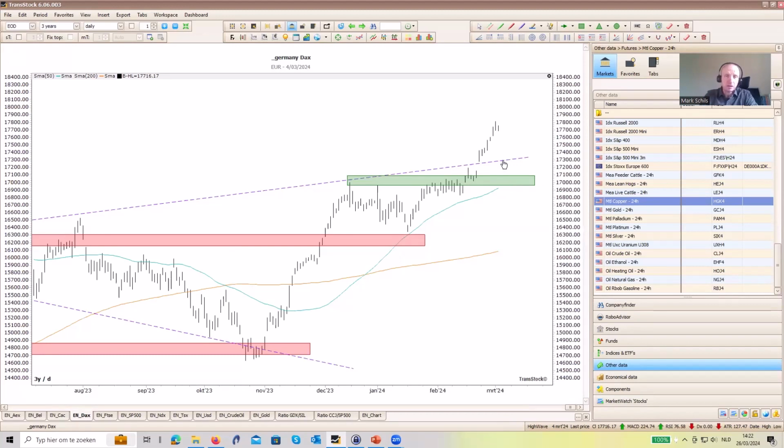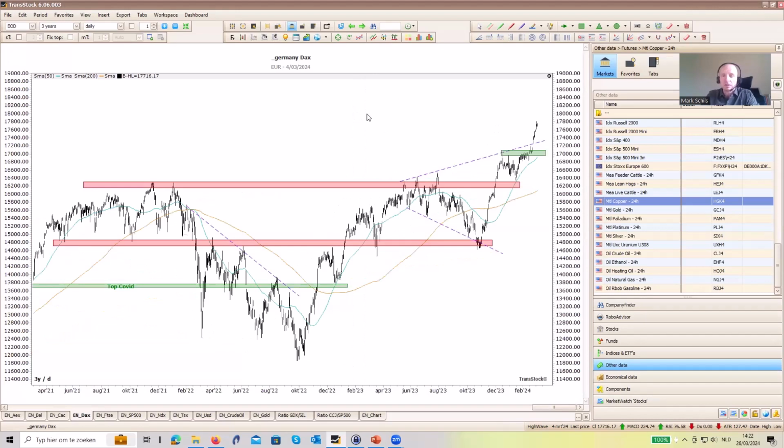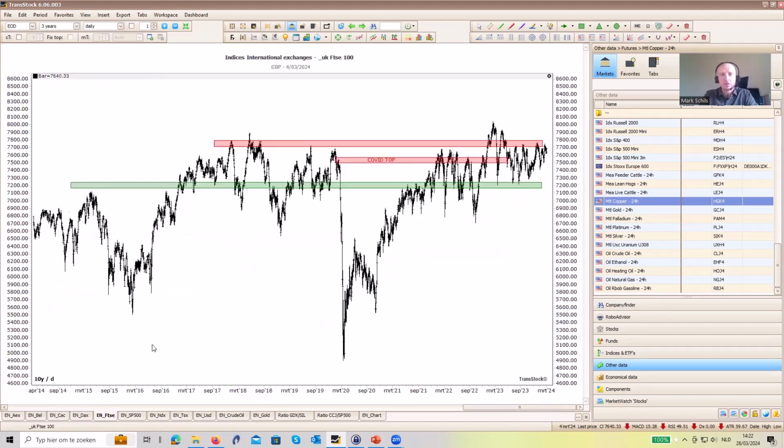Of course we will see maybe a little bit of support around this uptrending line, but after that we have this green triangle, and the 50-day average around the same support around the 17,000. So I think that's a really important zone for the short term, but also for the medium-term investor.